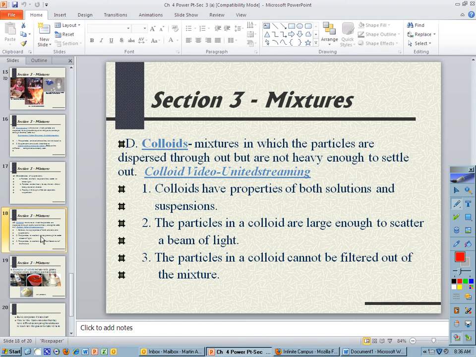We talked about suspensions with big particles, and colloids with medium-sized particles. So colloids have properties of both solutions and suspensions. The particles are small enough that they won't get trapped in a filter, but they're big enough that they will reflect light. So just as a review, you want to kill the lights, please?